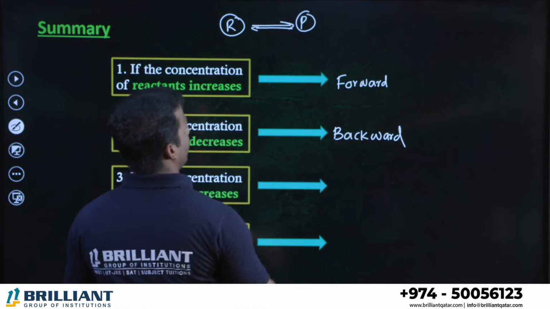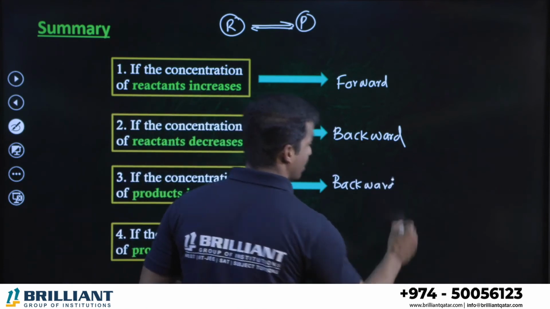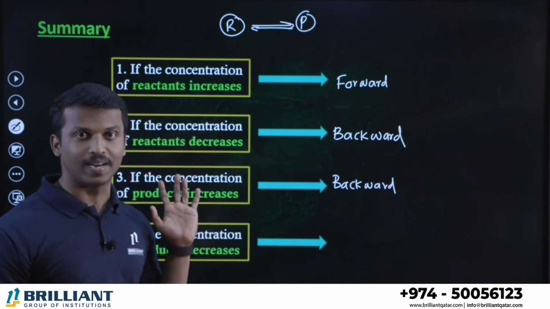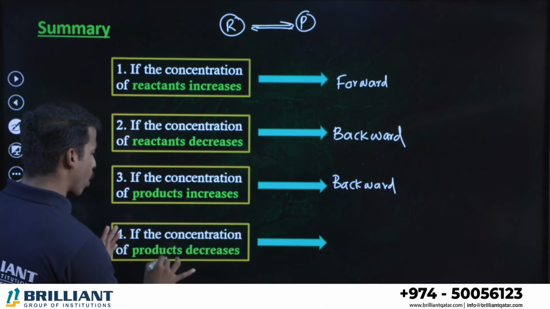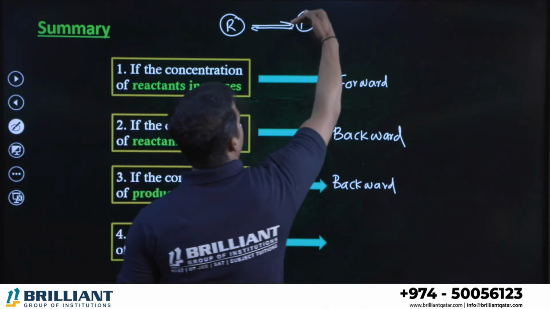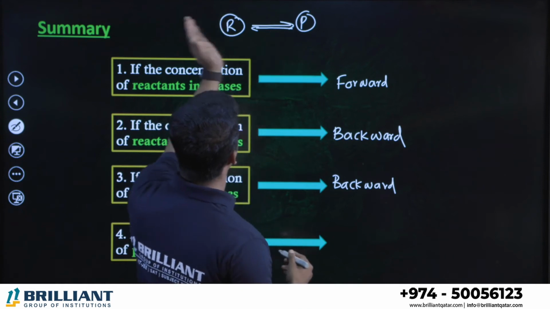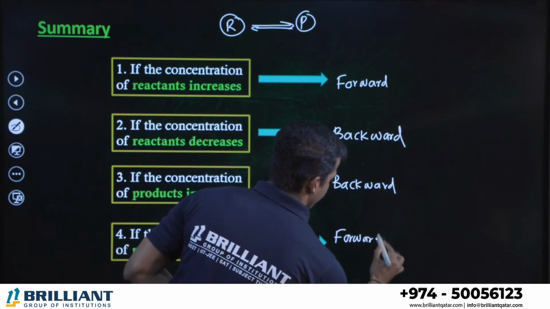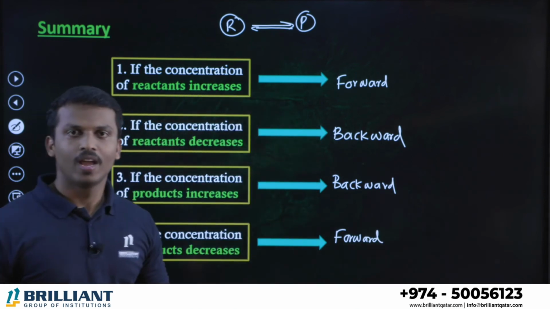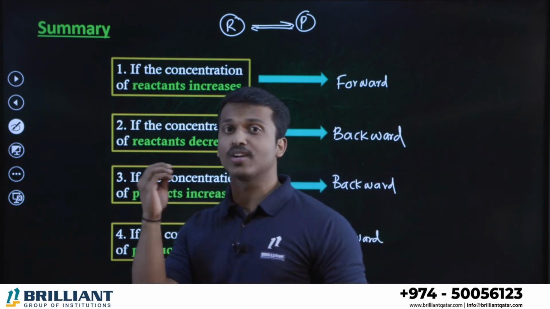Higher to lower means again backward. Please don't memorize this concept by heart, all of you. Try to understand clearly. Now, if the product concentration decreases, reaction shifts from higher to lower, means forward reaction. Clear all?